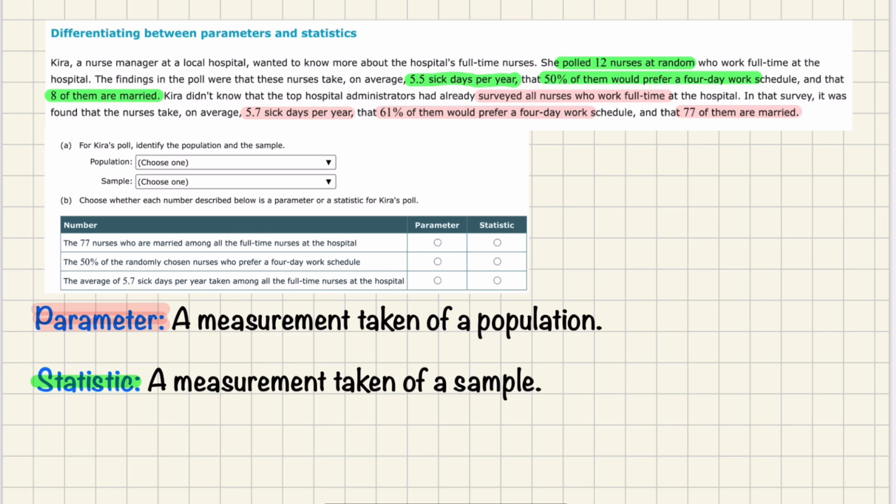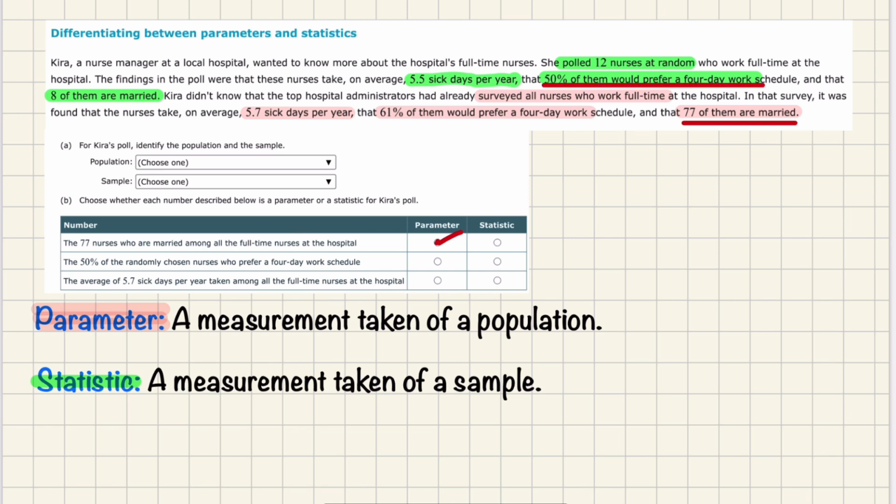So our first number that we're asked about is the 77 nurses who are married. That comes from the entire population, which is a parameter. Next, we're asked about the 50% of randomly chosen nurses who prefer the 4-day work schedule.